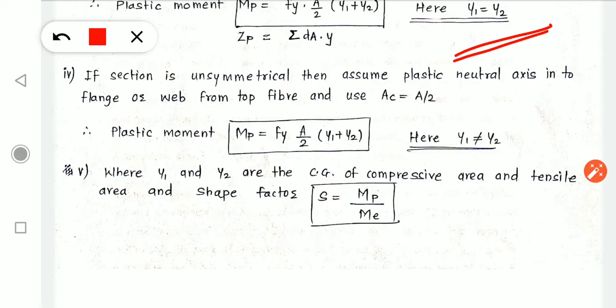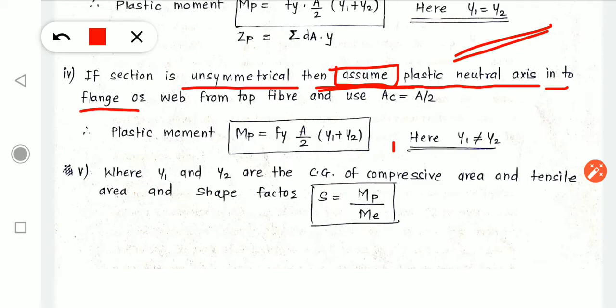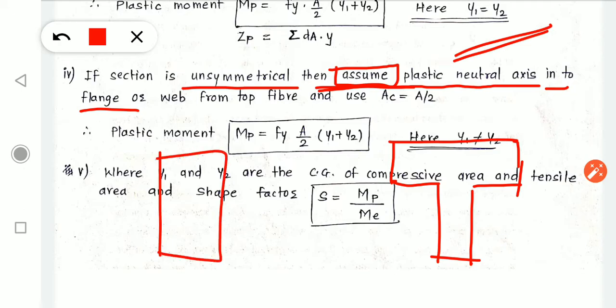Now if the section is unsymmetrical, then what are we supposed to do? Assume, that is very important, assume that the plastic neutral axis is in the flange. Why did I say the flange? Because a rectangular section is a symmetrical section, so we take the neutral axis as the plastic neutral axis.